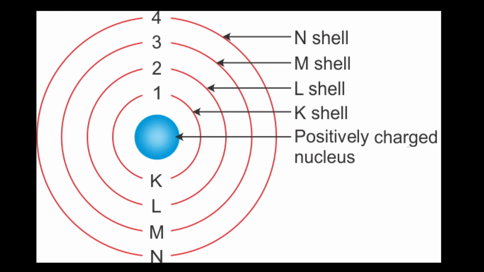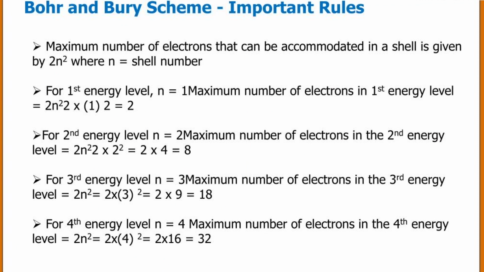fourth shell is N. So the energies of electrons of the shells increase from K shell onwards according to certain rules. Let's see the rules one by one. The first rule is the maximum number of electrons in a shell is calculated by using the formula 2n square, where n is the number of the shell.